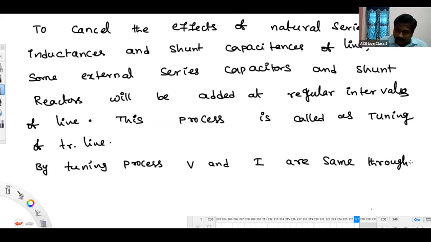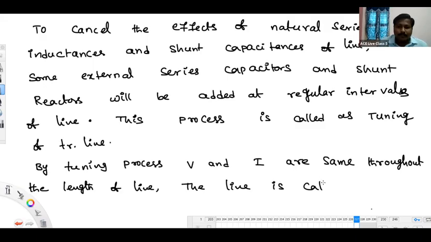It should not be called a flat line; it is a tuned power line.